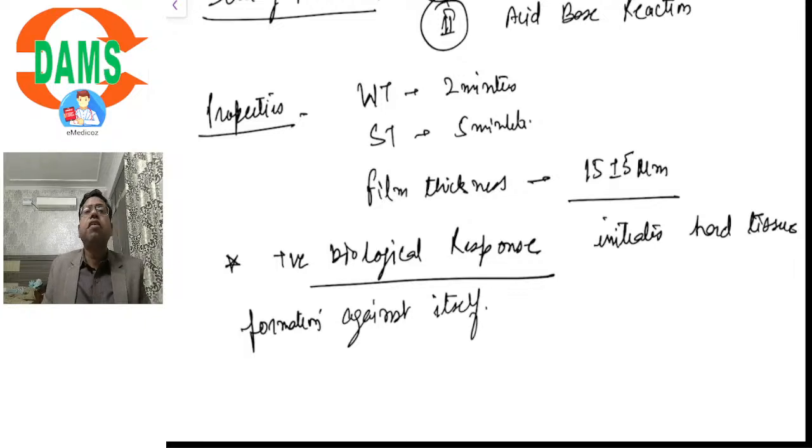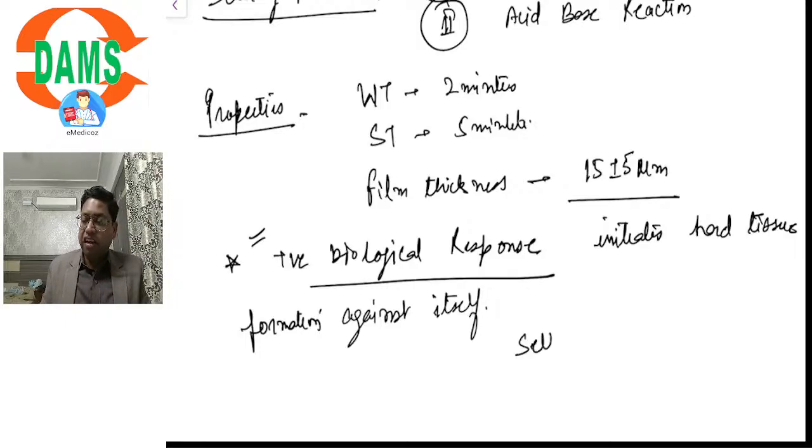So it is not only a reparative material but also a regenerative material, like calcium silicate based materials such as MTA. You know, the important property of MTA is that it stimulates reparative hard tissue formation against itself. Similar properties are observed with calcium aluminate GIC.